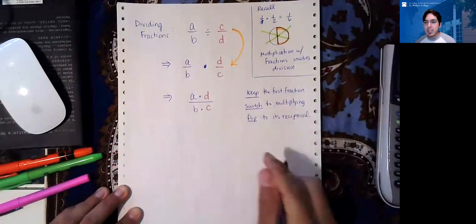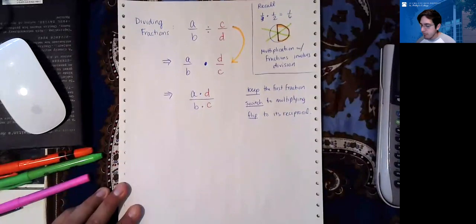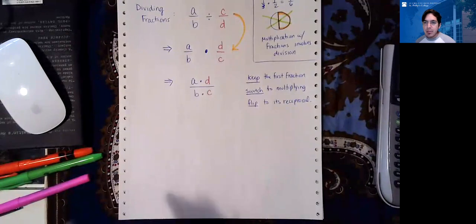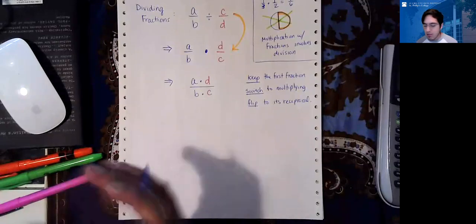So you will keep, switch, flip. And it turns out that this rule, keep, switch, flip, is not only applicable to fractions. It's also applicable to whole numbers. We just don't typically learn division with whole numbers this way.